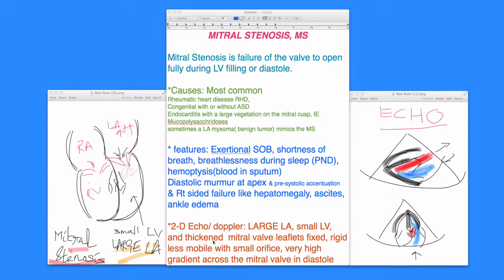Now, when you do a Doppler, it will define the actual gradient and the severity of mitral stenosis, because as I said, the left atrial pressure rises during diastole, and when it's trying to squeeze the blood into the left ventricle, which barely has any pressure because it's only filling at low pressures, there's a huge gradient between left atrium and left ventricle during diastole. The severity of that gradient will define what kind of mitral stenosis we are looking at, mild, moderate, or severe.